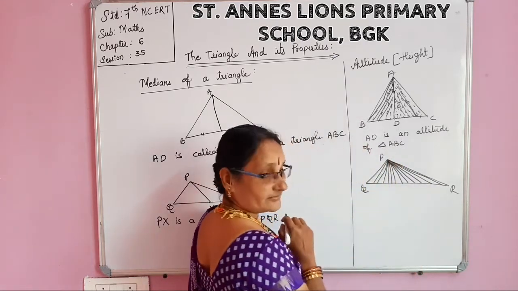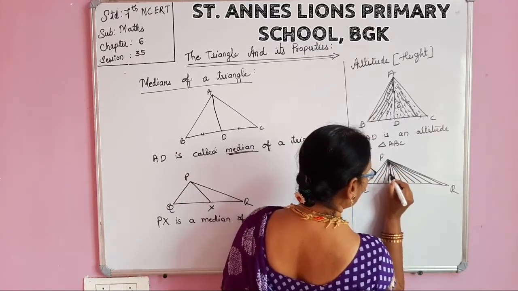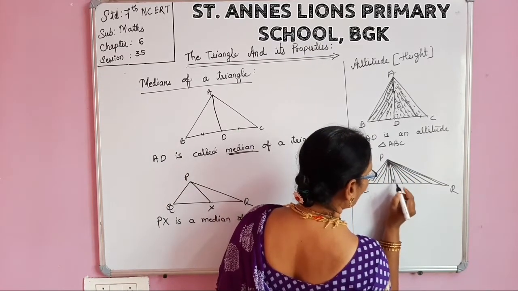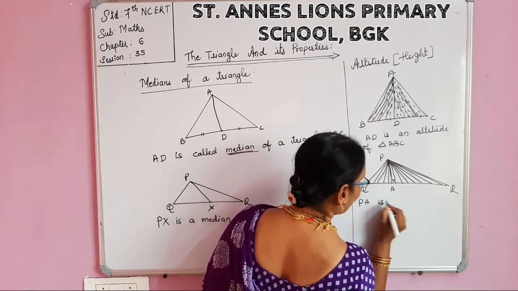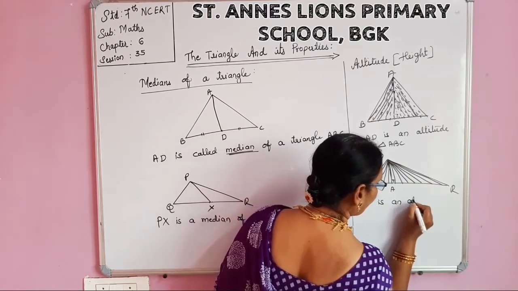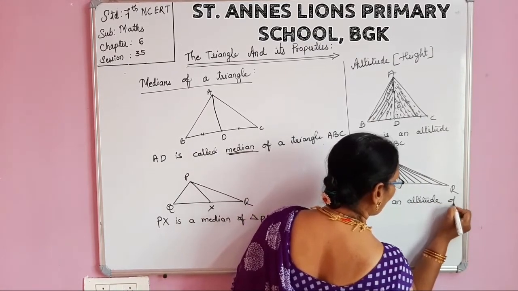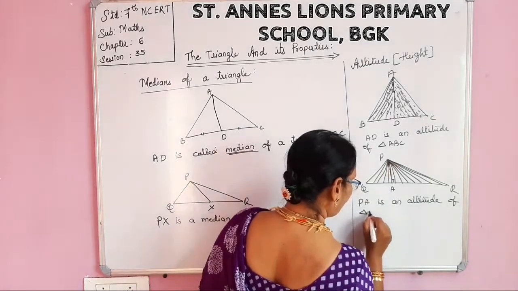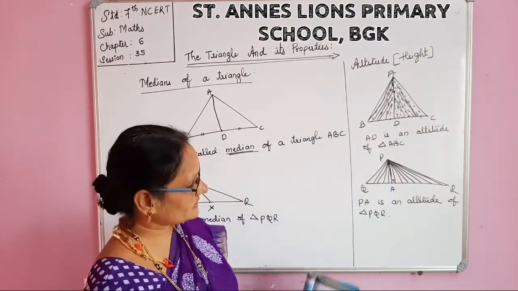Out of all these, which is 90 degrees here? This is 90 degrees. So PA is an altitude of triangle PQR. I hope you understood this.